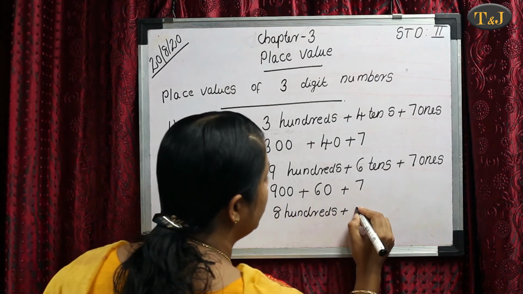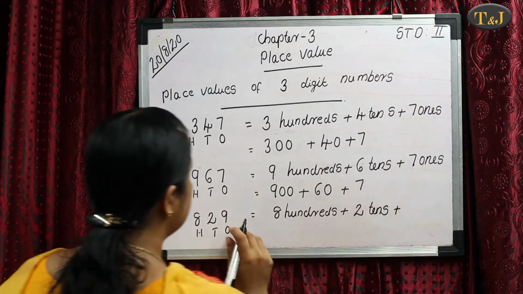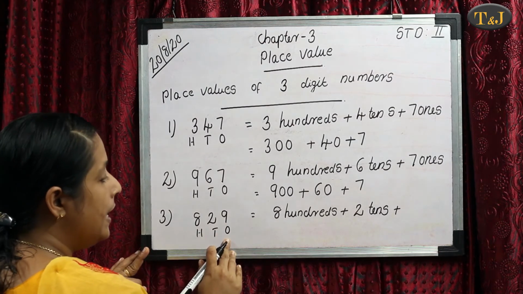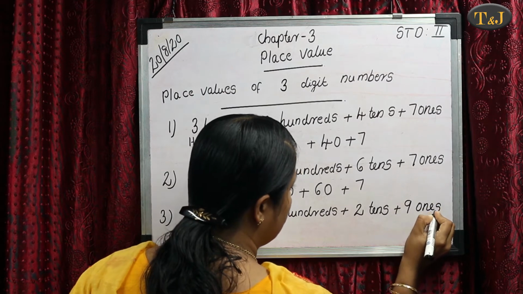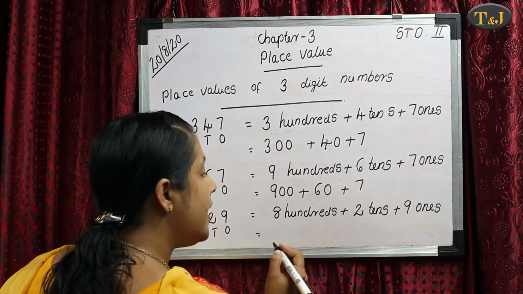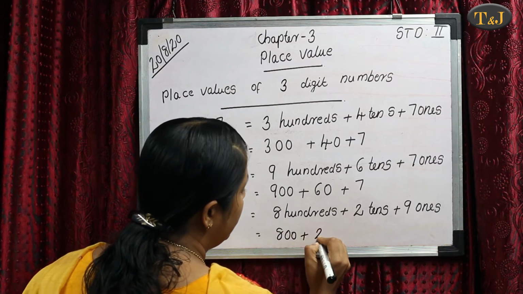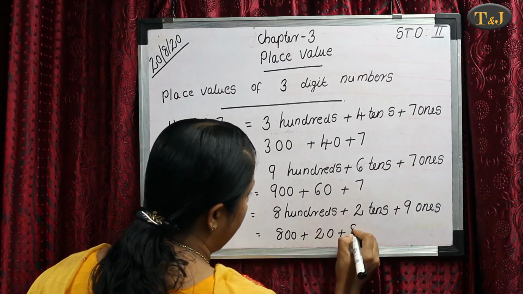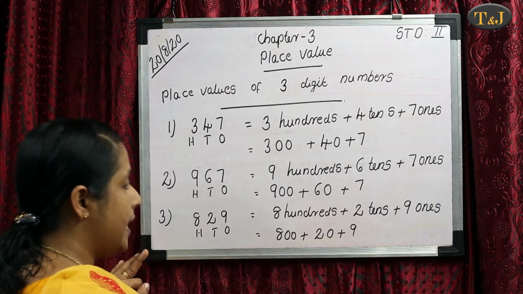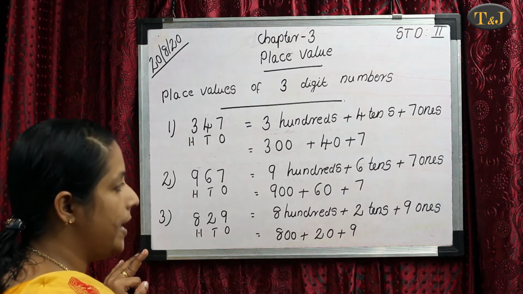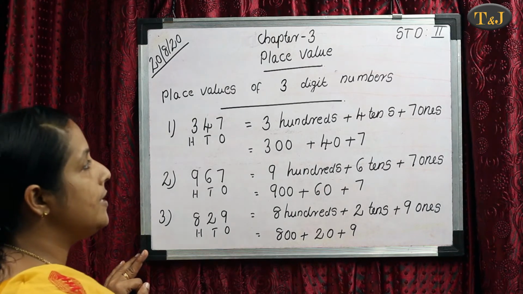So we write 2 tens plus the next number, 9. 9 is in ones place. So we write 9 ones. 8 hundreds means 800. So we write 800 plus 20 plus 9. Okay, 829 equals 800 plus 2 tens plus 9 ones, equals 800 plus 20 plus 9.